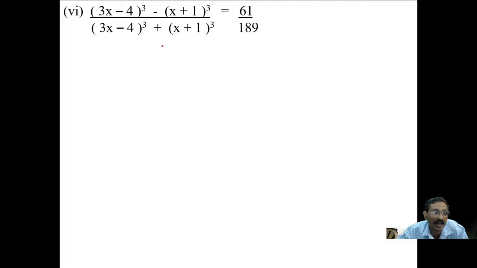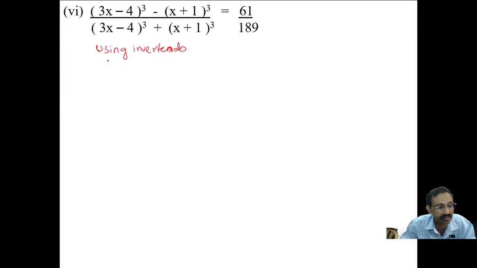So using invertendo, what we will be getting is we will just invert it.